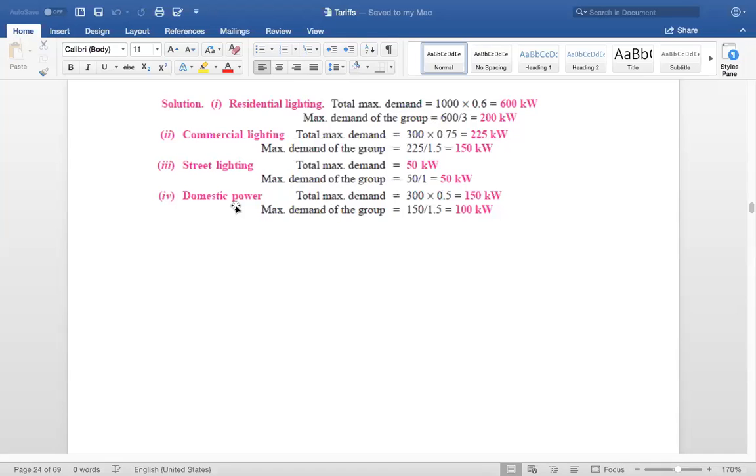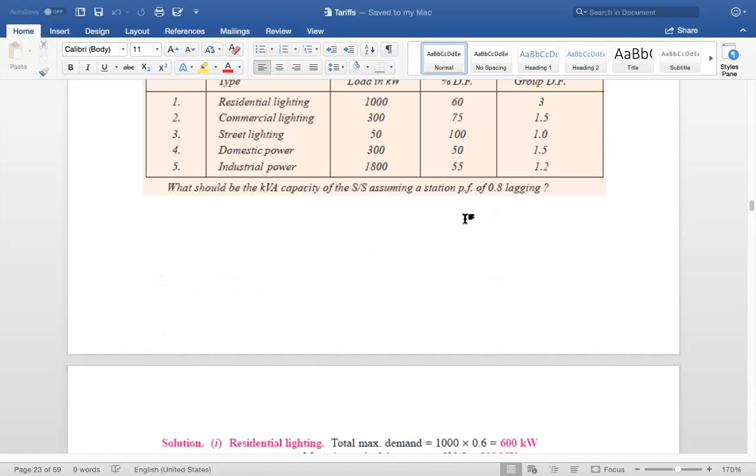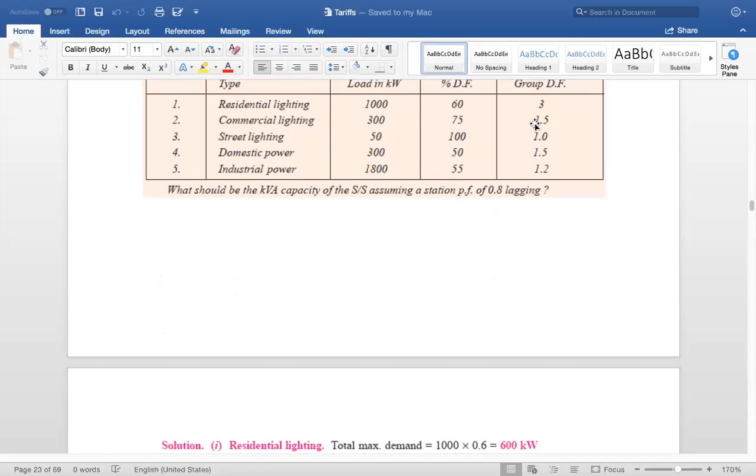So the total domestic power is 300 times 0.5, which is 150 kilowatt. And the maximum demand of the group is 150 divided by 1.5, which is 100 kilowatt. So you see there's the demand factor and the group demand factor.